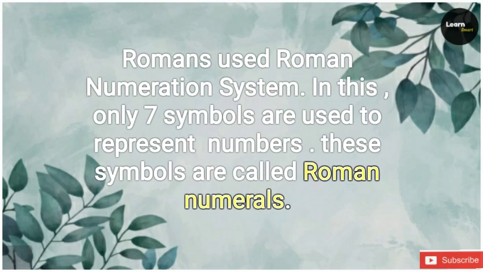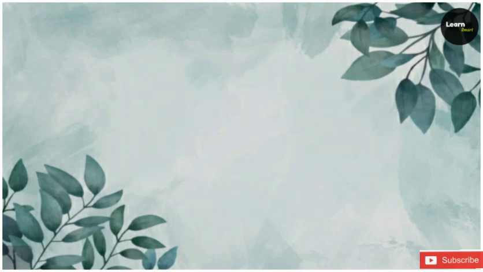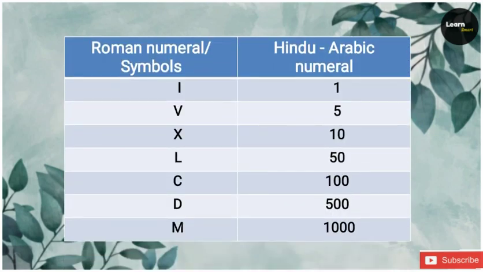They used only 7 basic symbols. They are I, V, X, L, C, D, M. Roman numeral means a symbol representation of numbers.